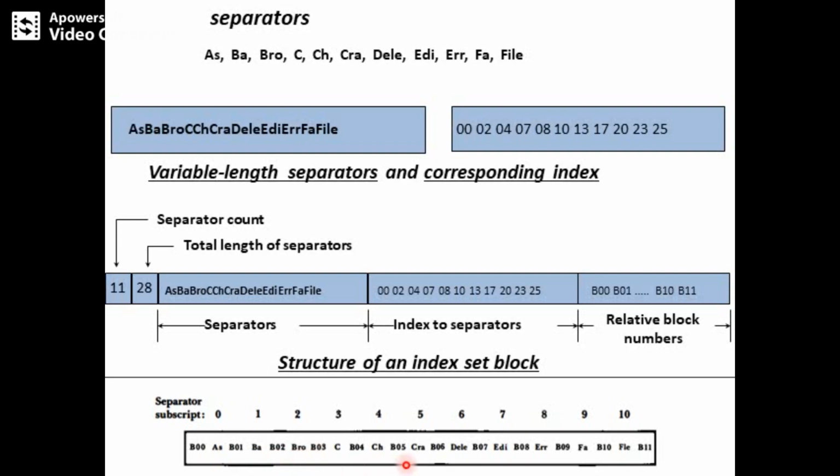Like this you write the blocks and separators if it is a variable length record. These are the separator subscripts; we simply go from 0 till n minus 1.